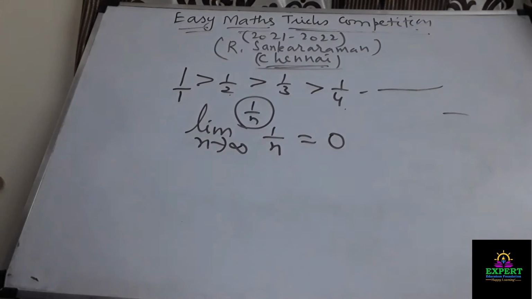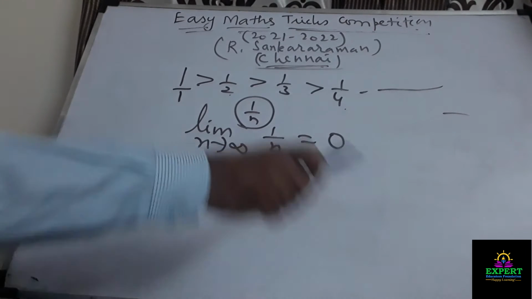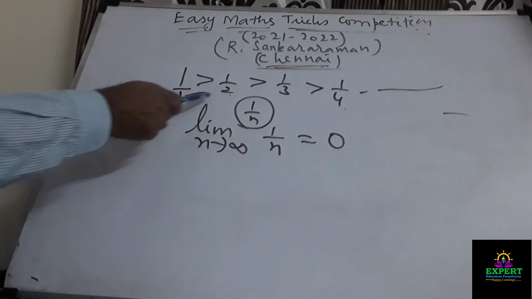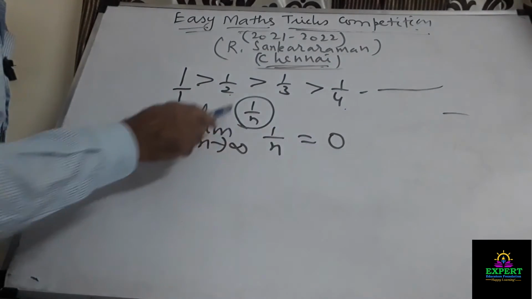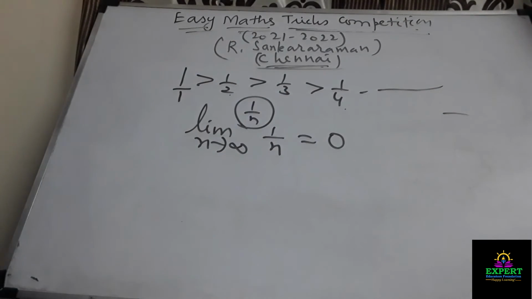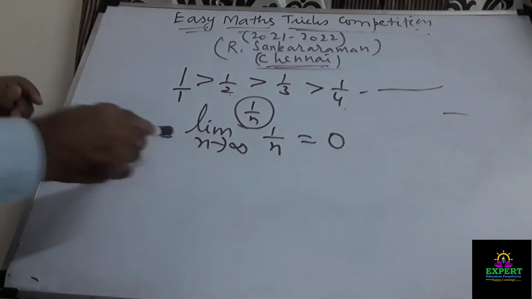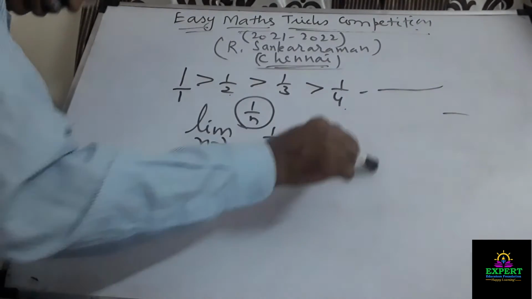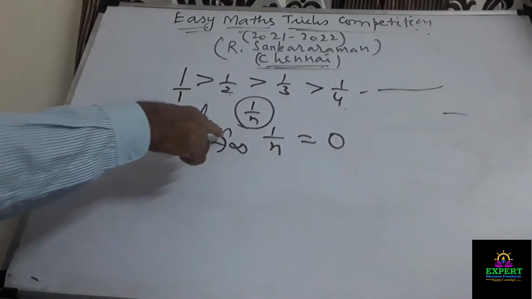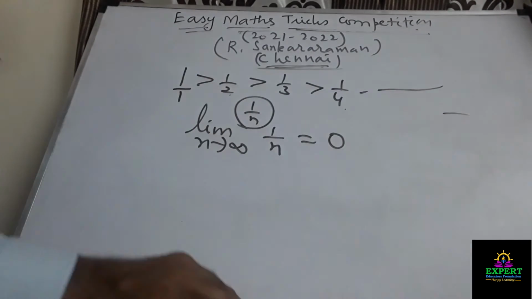I repeat, 1 is greater than 1 by 2, greater than 1 by 3, greater than 1 by 4, etc. When I keep on increasing the denominator in the fraction 1 by n, the whole fraction keeps on reducing. This is the mathematical representation: limit n tends to infinity of 1 by n is equal to 0.